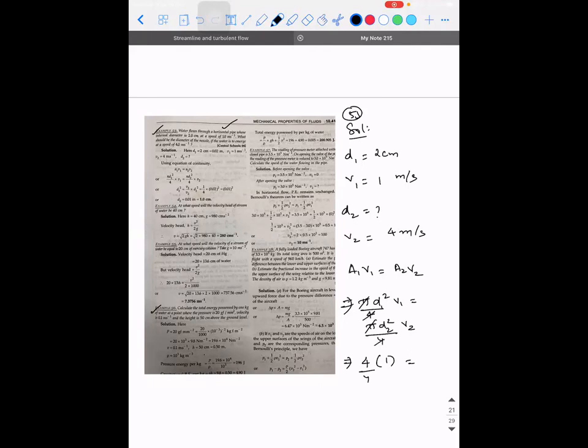So 4 and 4 will get cancelled. So here actually we can directly write it as 4. Is there any doubt? Let me know. So what is the value of D2, guys? So diameter 2 should be 1 centimeter.